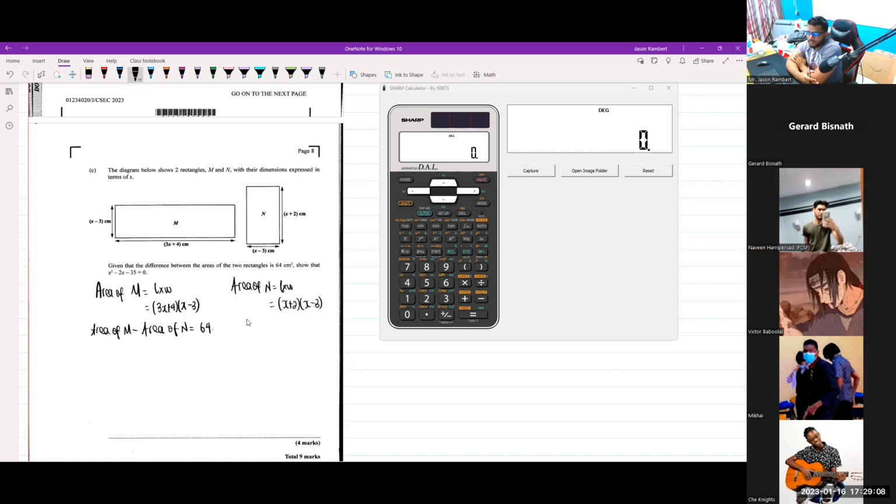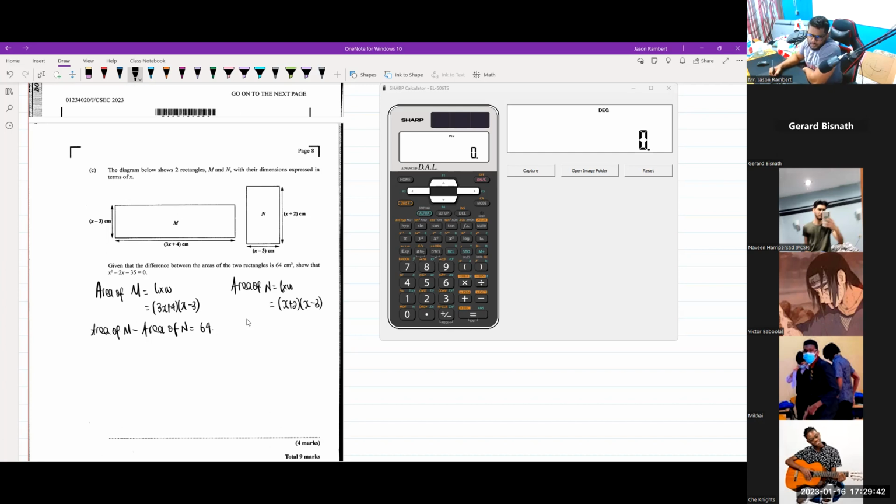The difference between their areas: one area could be bigger than the other, and depending on which area is bigger, some students might have taken away area of N, take away area of M, and you'll get a completely different answer. If we get through this here, then we will put area of M, take away area of N.